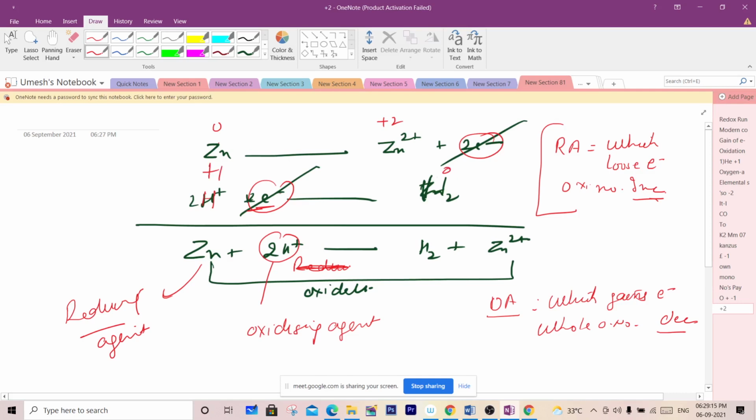Whose oxidation number decreases. Understood?